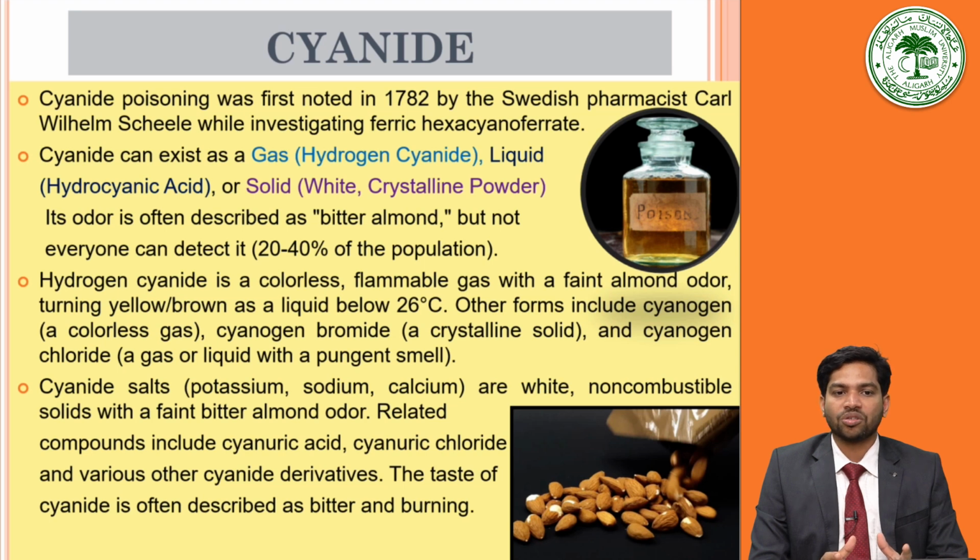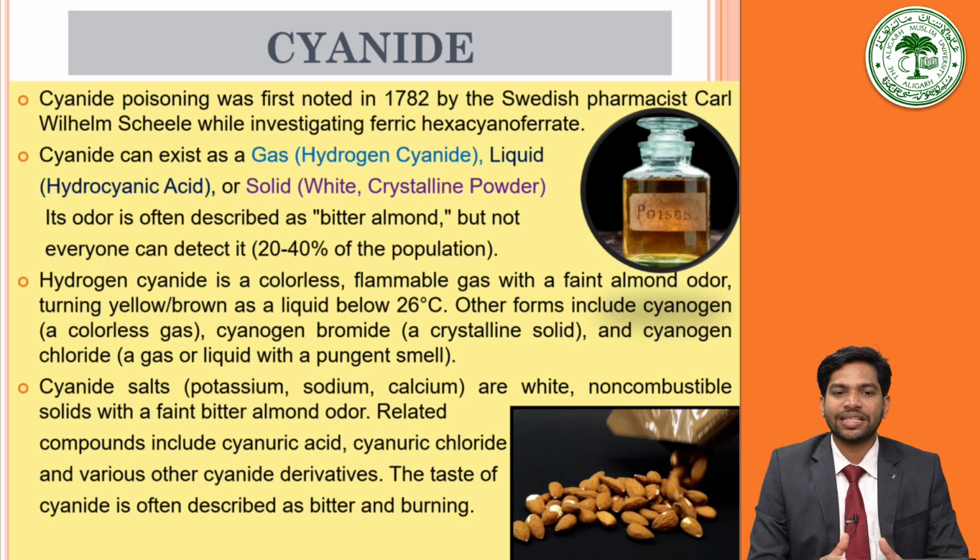Its odor is often described as bitter almond odor, but not everyone can detect it, as it has a certain genetic basis. 20 to 40% of the population are not able to detect the smell of the bitter almond of cyanide poisoning. In those cases, the chances of fatality with this are more.